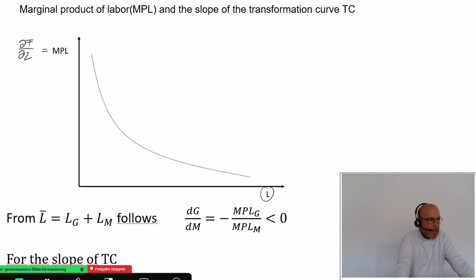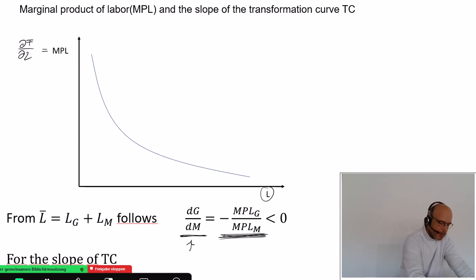Well, what can we now learn from this? We now learn from this that the relation between our two marginal products just equals the slope of our production function.